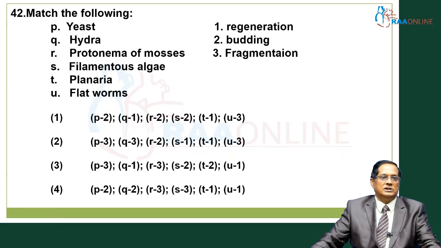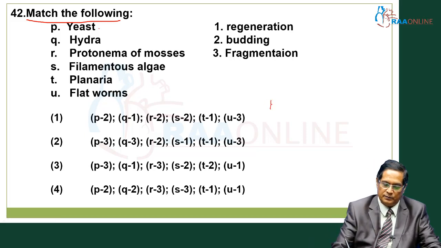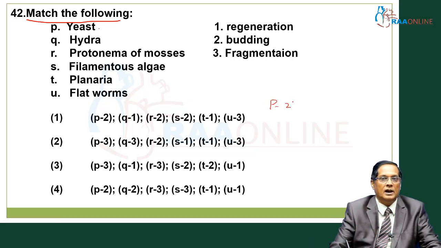Then match. These are the different methods of reproduction. Yeast shows budding, that is P with 2. Hydra shows budding, then Q with 2. Protonema shows fragmentation, that is R3.